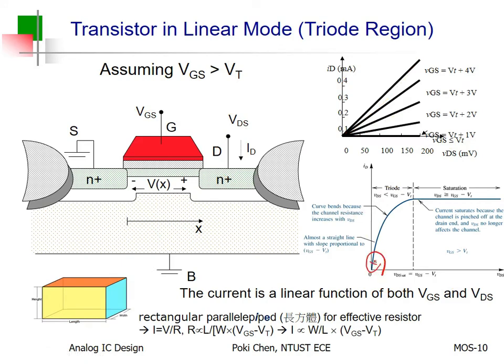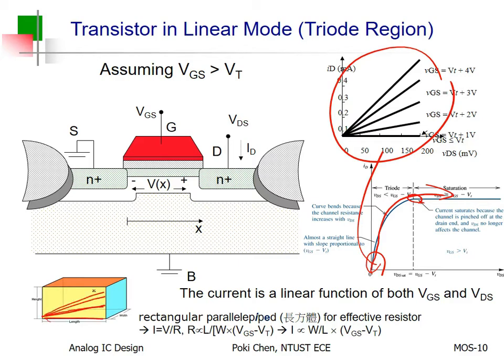Here we zoom in, it looks like that. But without zooming in, you can see the slope will decrease all the way, and finally here it will be saturated. Why? Because the cross-section will be reduced from here to there, to there, and finally the depth at the drain is 0.